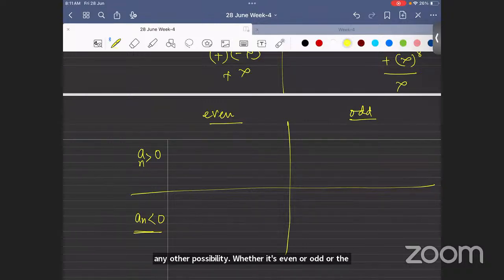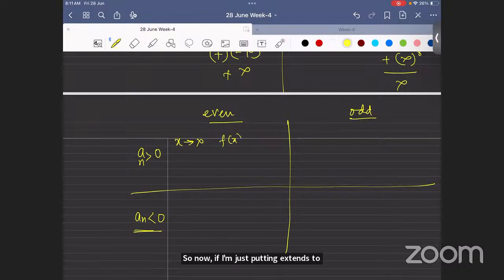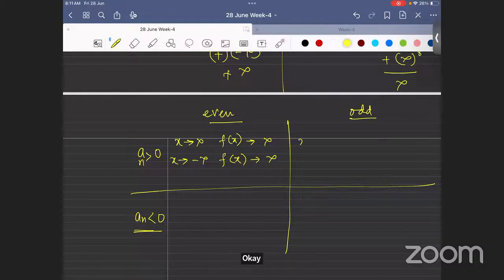Now if I put x tending to infinity, what should be the value of the function? The function will tend to infinity, correct. And if I put minus infinity, the function will tend to minus infinity, correct. Similarly, in another case, if x tends to infinity, the function will tend to infinity. If x tends to minus infinity, the function will tend to minus infinity.